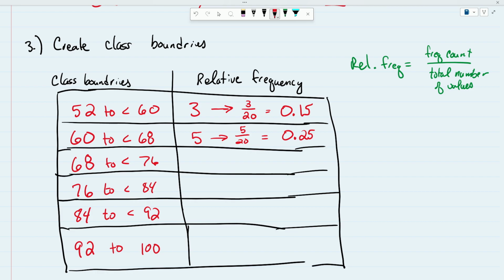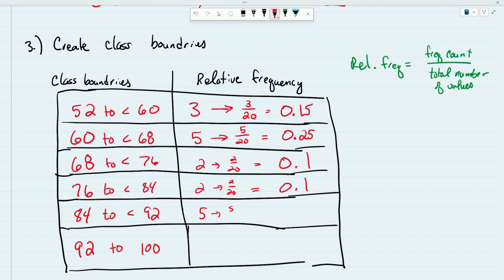So I'm just going to give you the frequencies. I think you have it from here. So between 68 and 76, there's going to be 2. So that's going to give us 0.1. 76 to 84 is 2 again. So that's going to give us 0.1 again. Finally, the last 2, we have 5 for 84 to less than 92.